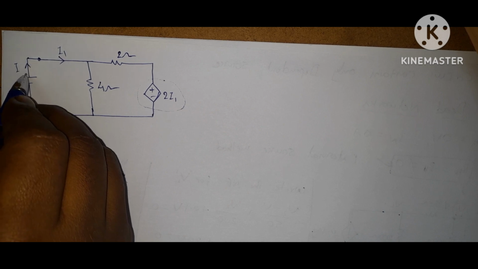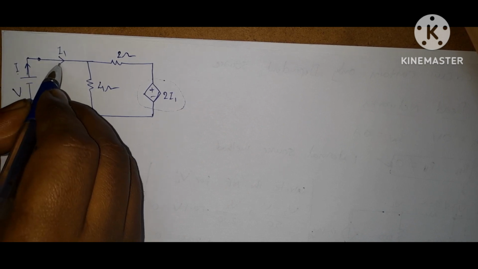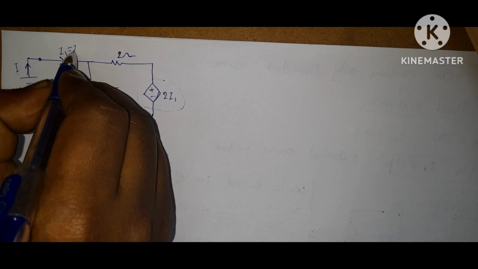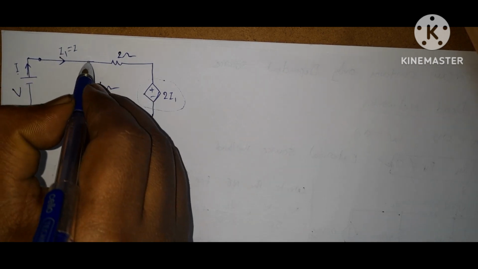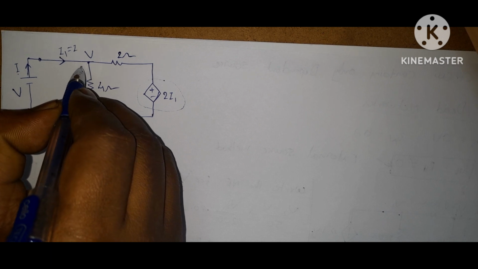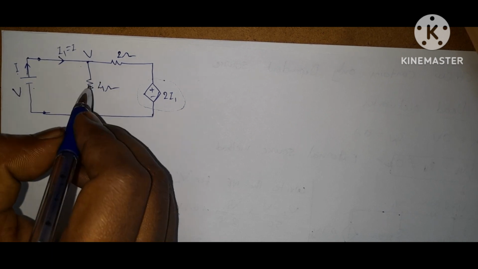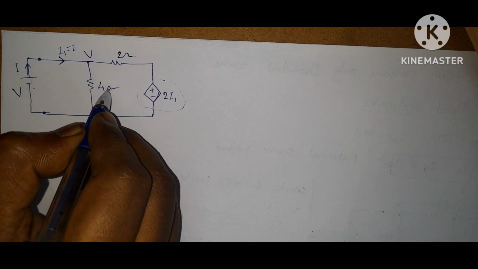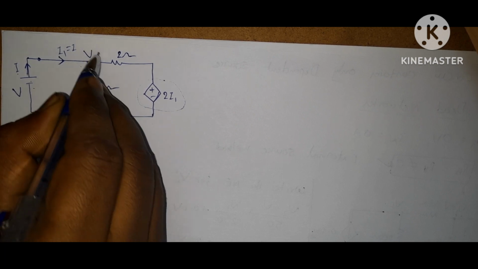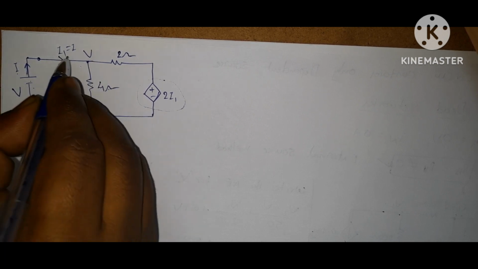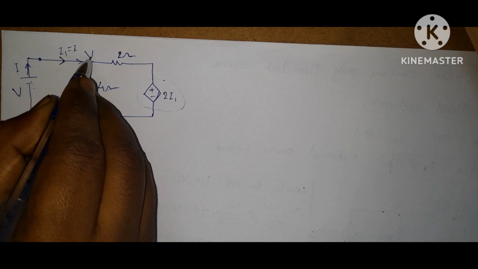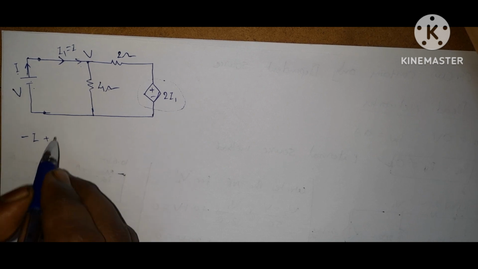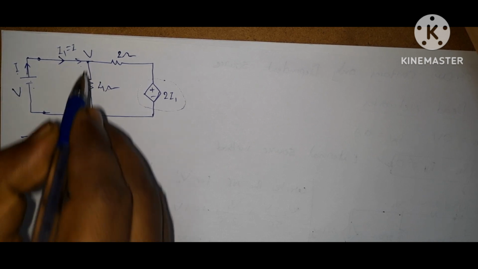Here, if you observe, this branch current is I, and similarly this branch current is I1. So both are in series. So here I1 equal to I. Here the voltage is V because these two are in parallel. In parallel, voltage is same. So the voltage source will appear across 4 ohm resistor. Now write the node equation for V. This current is coming towards this node. This is minus I. For this branch plus V by 4.